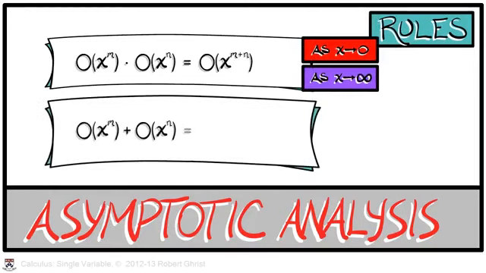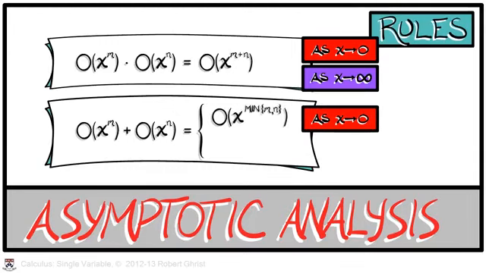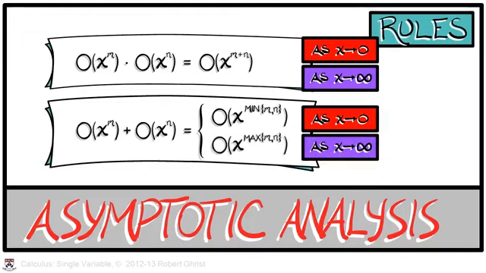On the other hand, if you add two functions together, something that has x to the m growth and something that has x to the n growth, then there's a difference. As x goes to 0, your resulting function is in big O of x to the minimum of m and n. As x goes to infinity, you're looking at big O of x to the maximum of m and n.